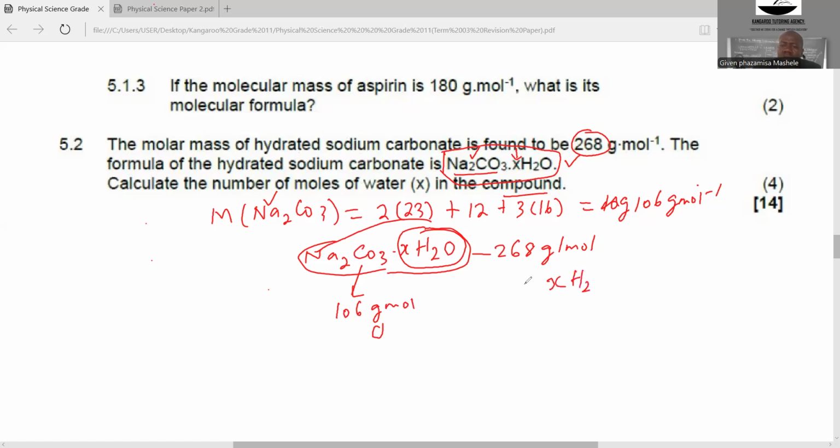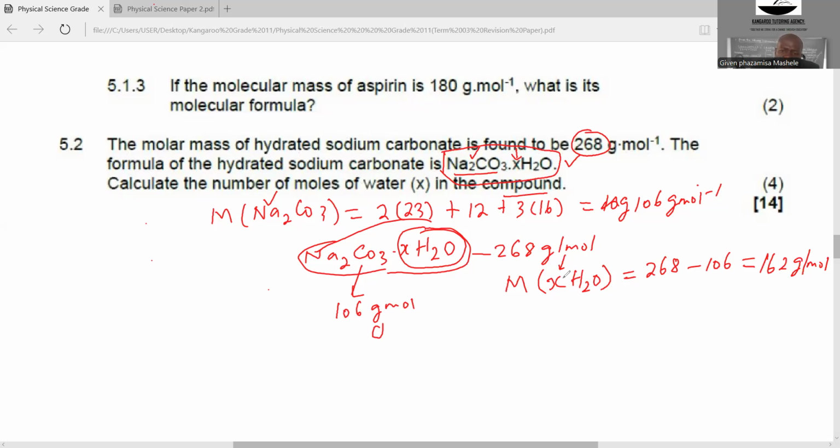From 268 grams, we subtract 106 for sodium carbonate. So 268 minus 106 gives us 162 grams. This 162 grams is the molar mass of the water together with the number of moles of that water.